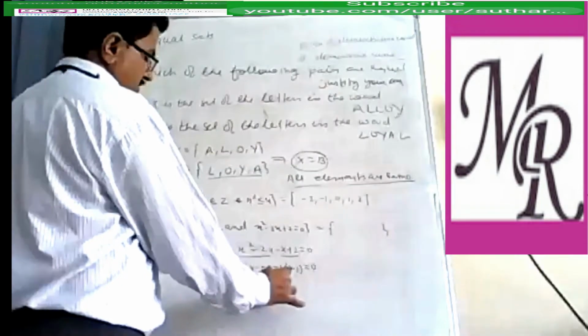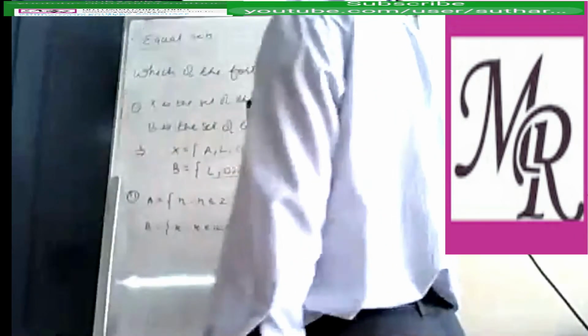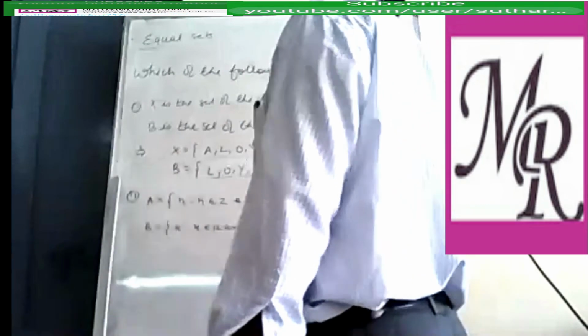So x minus 2 and x minus 1 equal to 0, so x equals 1 and x equals 2. Right? Yes, sir. So set B contains element 1 and 2.